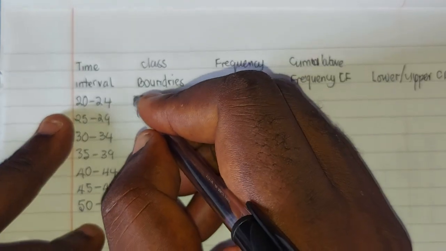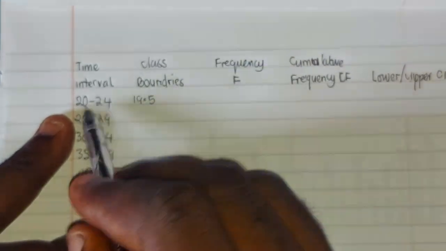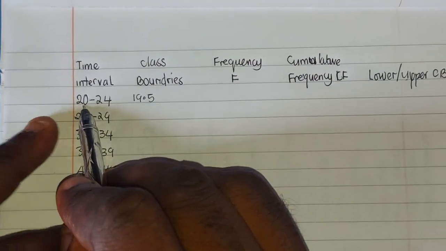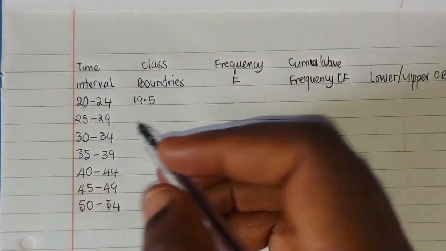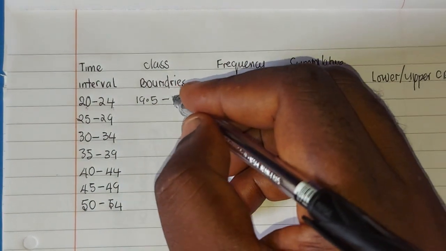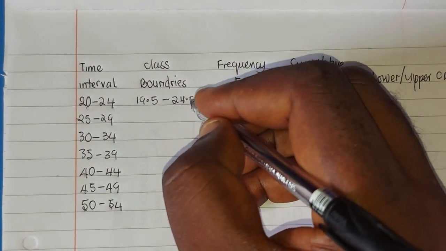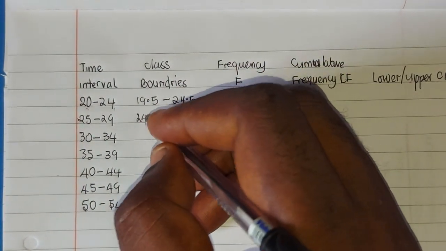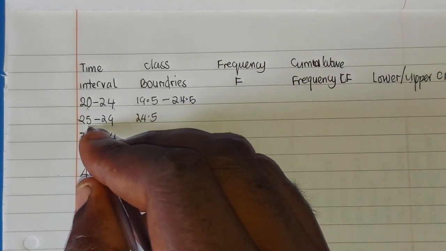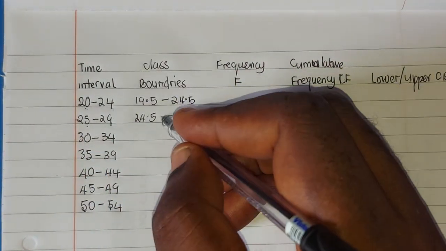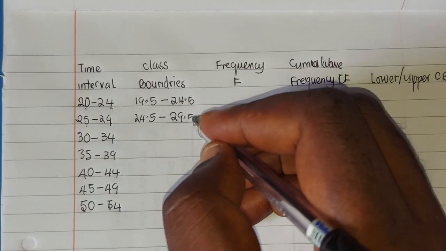The lower class boundary here is 19.5. You remove 0.5 from this, then you add 0.5 to this to get 24.5. 24.5: you remove 0.5 from here, then you add 0.5 to this. That is 29.5.